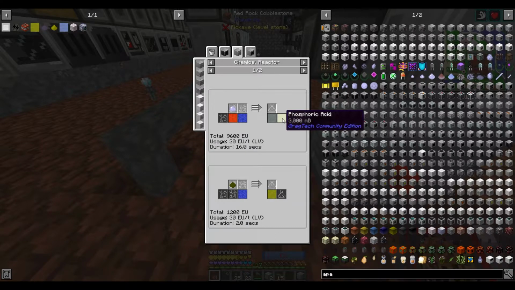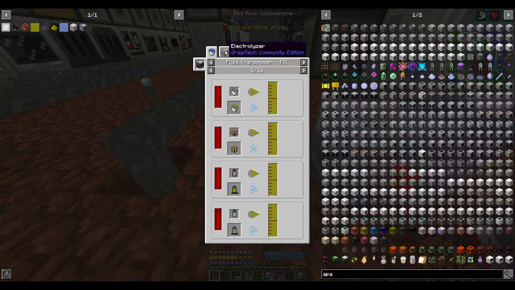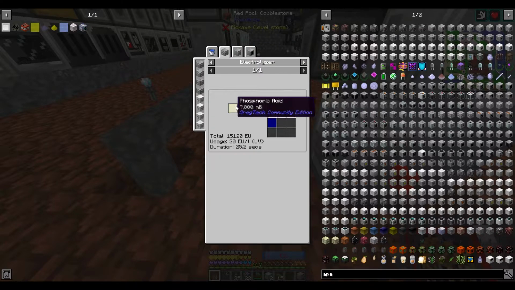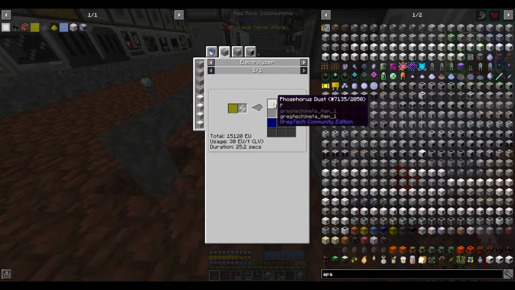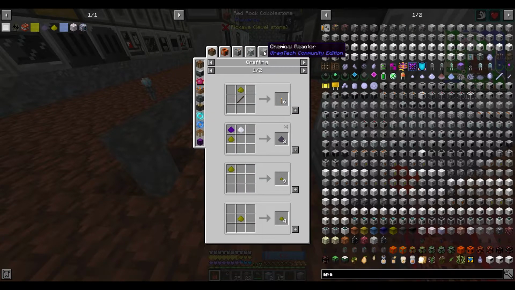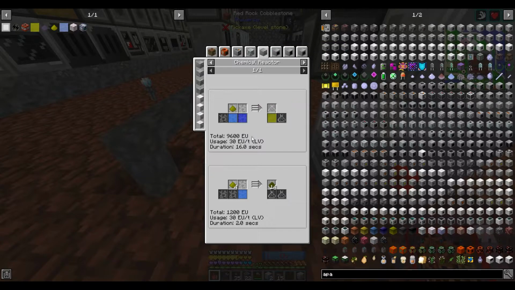After that, we're going to electrolyze this phosphoric acid to get 4 phosphorus dust and some hydrogen. Next, we are going to chemical react these phosphorus, one more time, with oxygen, which is going to give us 14 phosphorus pentoxide dust.